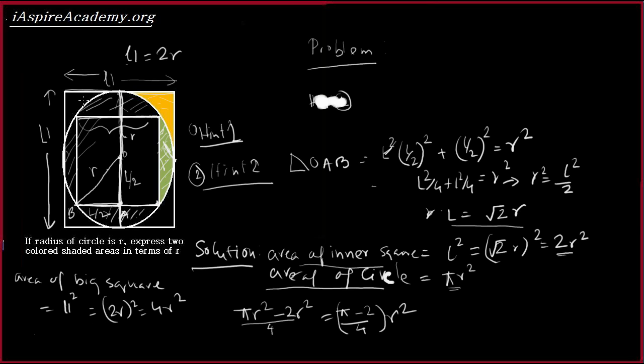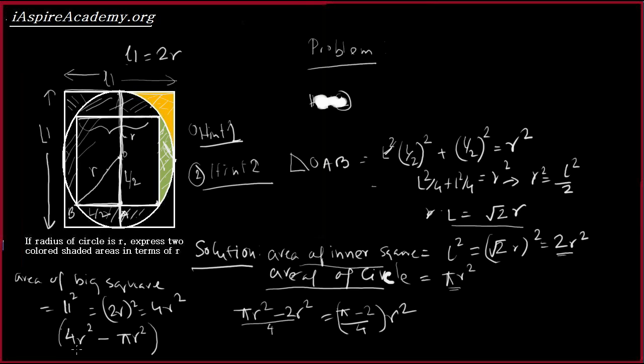In a similar way, to find the total of 4 such areas, we subtract the area of the circle from the area of the bigger square.